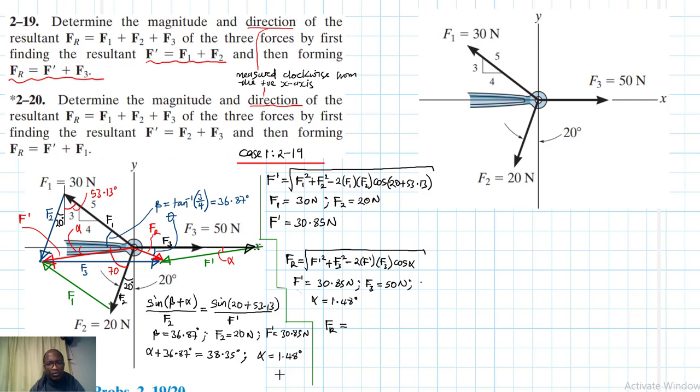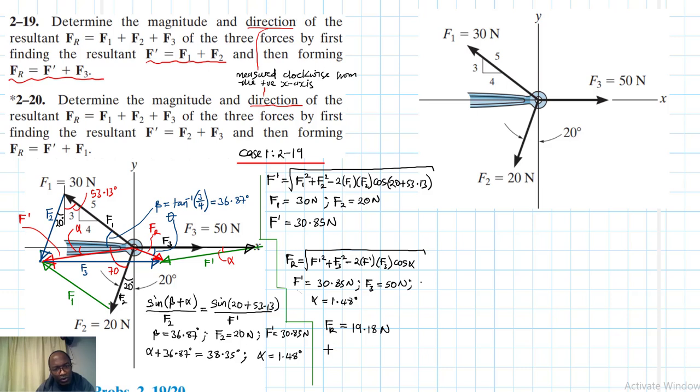FR is equal to the square root of 30.85 squared plus 15 squared minus 2 times 30.85 times 15 cos 1.48. We have 19.18, rounded off.